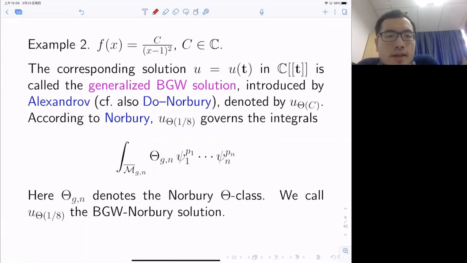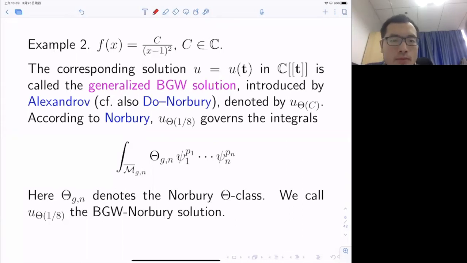In this case, the corresponding unique solution is called the generalized Bessel-Gaussian-Witten solution, introduced by Alexandrov and also by Dubrovin. They proved that it gives rise to a KdV tau function, as we will see later. This solution will be denoted by U theta.